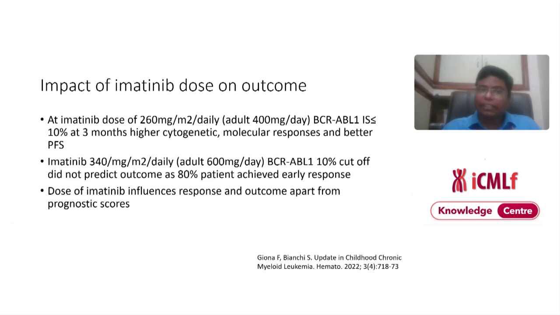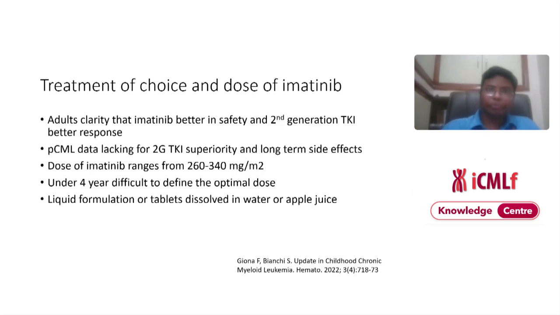But if we increase the dose of imatinib to 340 mg per meter square, adult 600 mg per day, and we use a BCR-ABL 10% cutoff, at this dose it does not predict the outcome as 80% of patients achieved early response. So in pediatric CML patients, the dose of imatinib influences response and outcome apart from the prognostic scores.